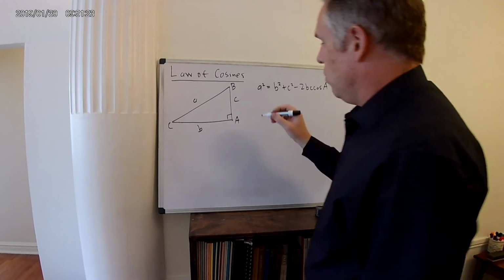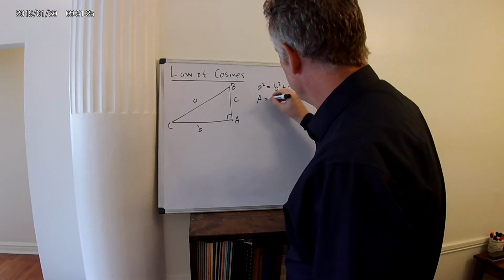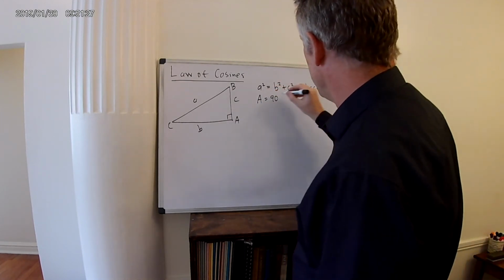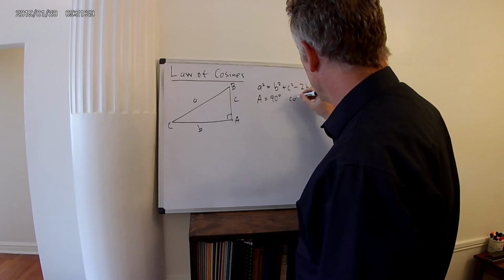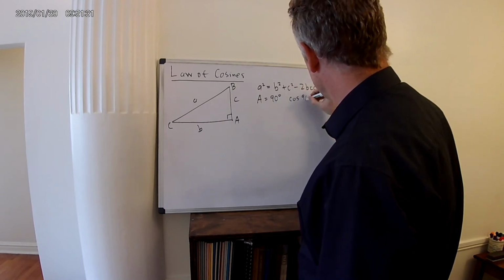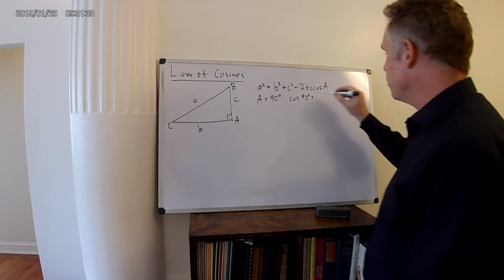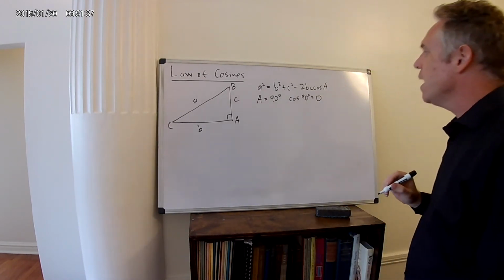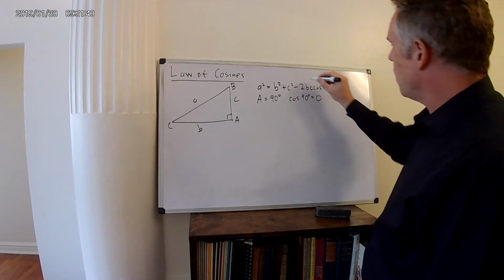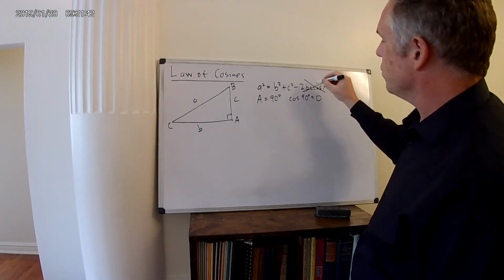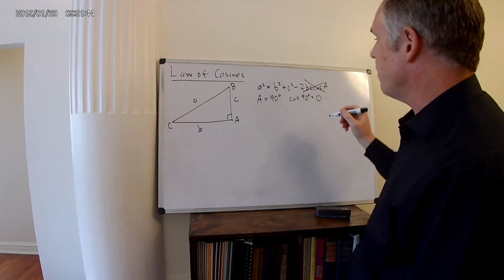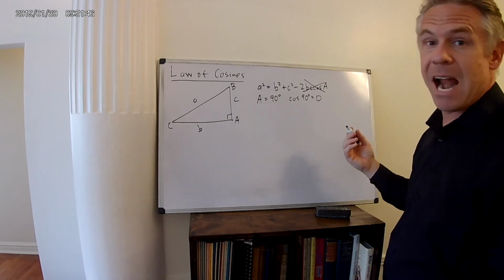For a right triangle, angle A is equal to 90 degrees, as we talked about. And the cosine of 90 degrees, you guys can check this in your calculator, is actually 0. And what that means is this part here goes away, because the cosine of angle A is 0, because A is a 90 degree angle.